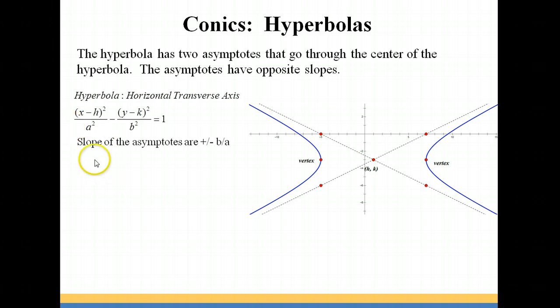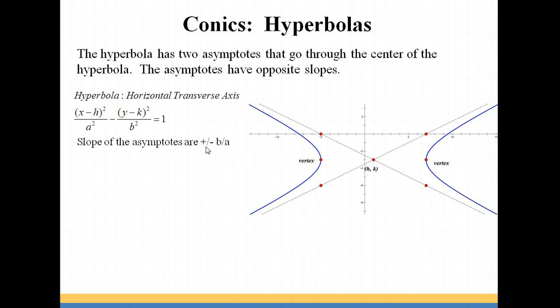So remember that slope is rise over run. So we're looking at the value under y as being our rise, and the value under x as being our run. Now, with your asymptotes, they have opposite signs, so we put plus or minus. One's going to have a positive slope, and the other one's going to have a negative slope.